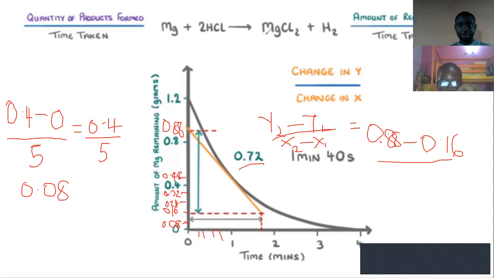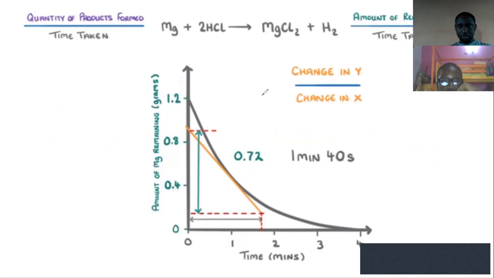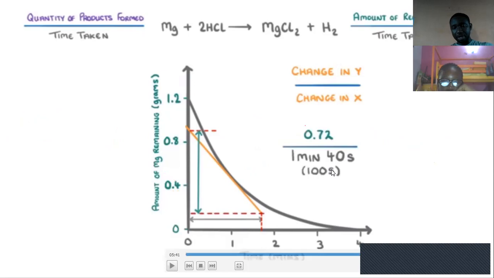Let me clear this first. So 0.72 divided by 1 minute 40, or 100 seconds. You understand how I converted it to seconds, right?